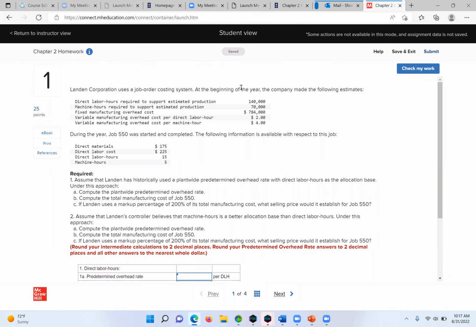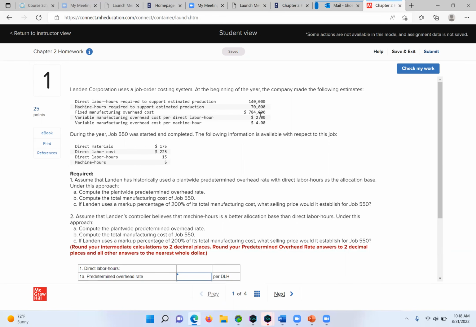it's telling us the 140,000 estimated direct labor hours, and it gives us $2 per direct labor hour. So the $2 per direct labor hour times the estimate of 140,000 direct labor hours is 280,000. And then it estimated the fixed manufacturing overhead of 784,000.